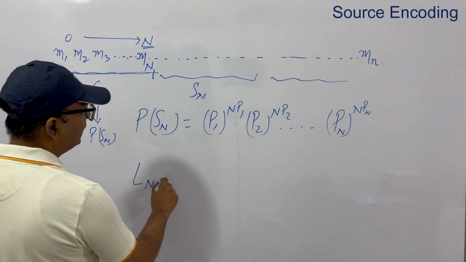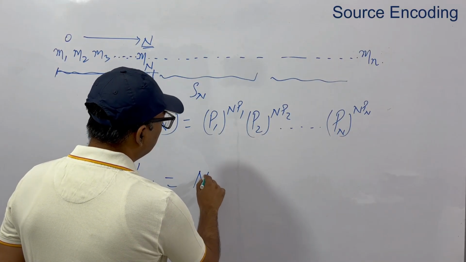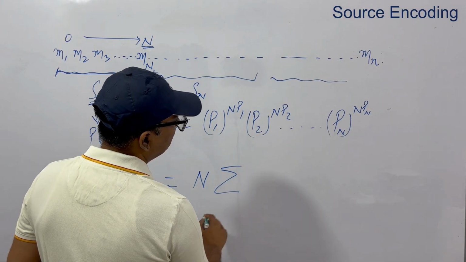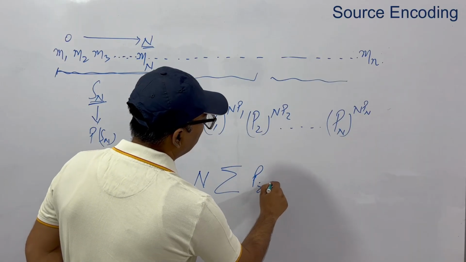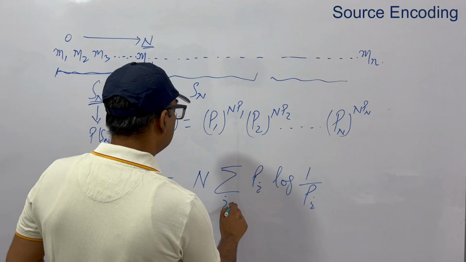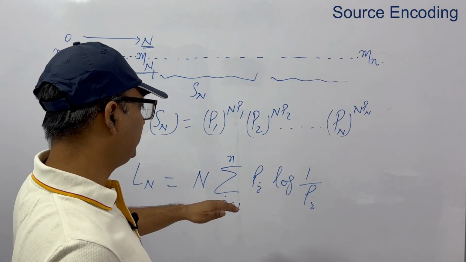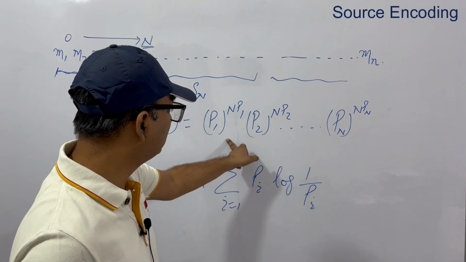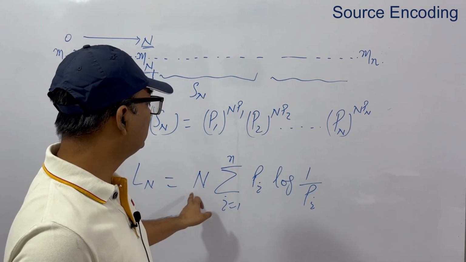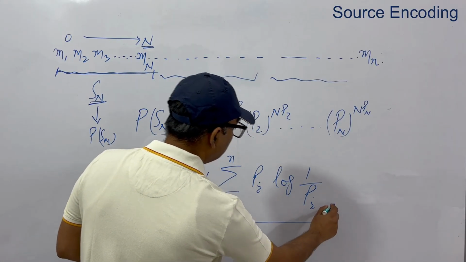So Ln can be written as, if we put this into that equation, this comes to sum of n pi log 1 by pi, if you put log 1 by P(Sn) and substitute the value. But we know that this value, from here to here, is what?